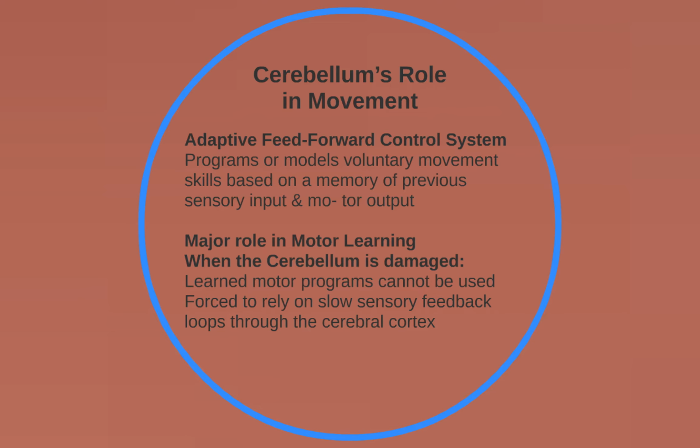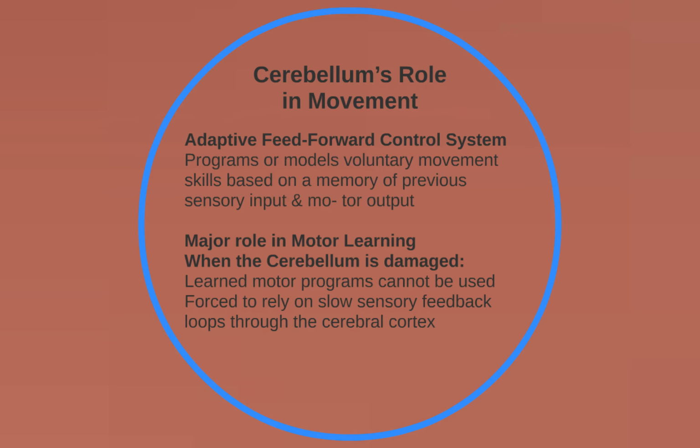What all this means is that the cerebellum is deeply involved in motor learning and deeply involved in our adaptive feed-forward control system. Essentially, it programs or models voluntary movement skills based on a memory of previous sensory input and motor output. With regard to motor learning, when the cerebellum is damaged, our learned motor programs cannot be used.